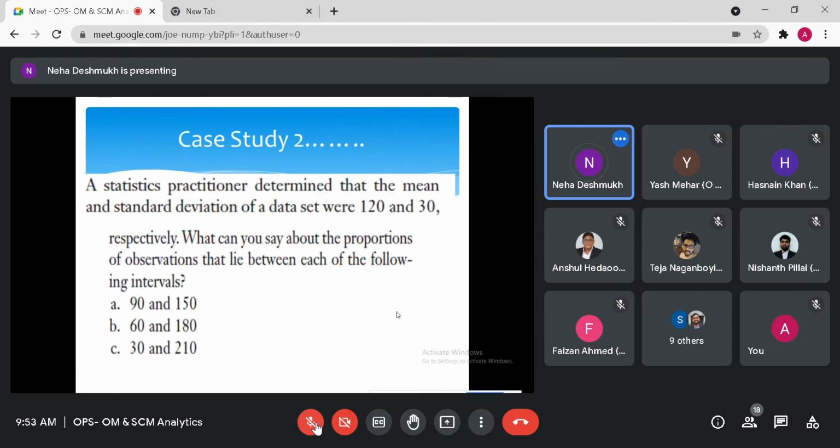So this is one more set. Calculate the range or interpret the data.